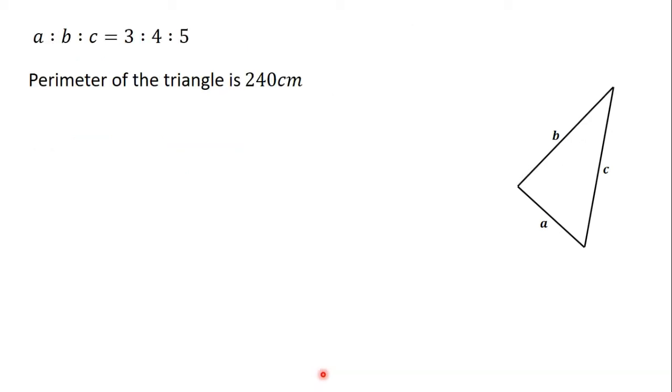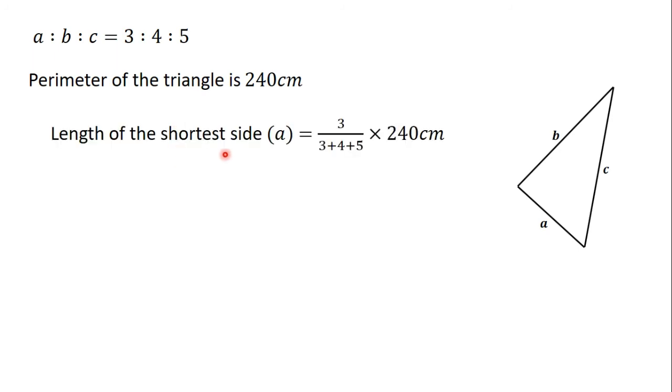Let's find the shortest side. The shortest side of the triangle is A. So the length of A will be equal to the part of the ratio that belongs to A, which is 3, divided by the total ratio, which is 3 plus 4 plus 5, times the perimeter of the triangle, which is 240 centimeters.